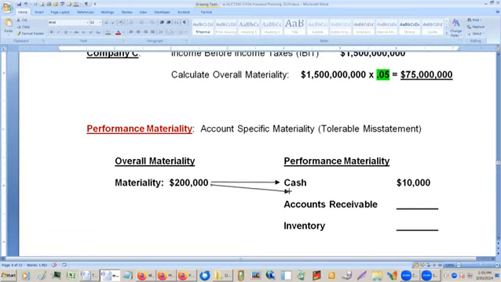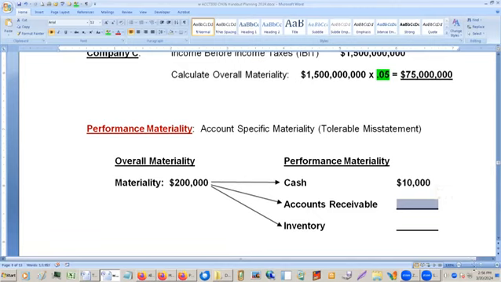We're also going to have some go to accounts receivable and some to inventory. So we still have 190,000 left. How much do we want to go to accounts receivable?